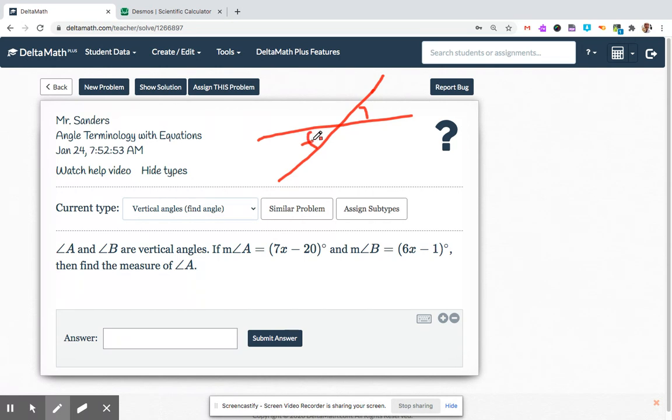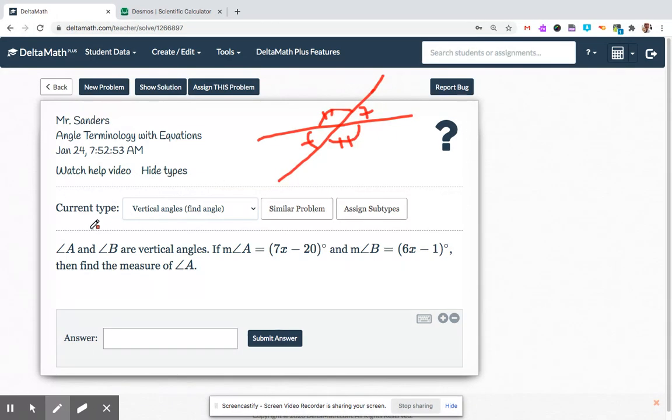So this angle and this angle match, and then this angle has to match with the one across from it, this angle. So those angles are called vertical. If we're talking about the 2 dash and the 1 dash, that would be supplementary. They're on the same line. But across from each other, that's the vertical idea.